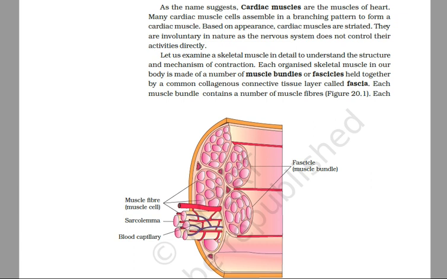Each individual fasciculus or muscle bundle is covered by a connective tissue sheath called perimysium.